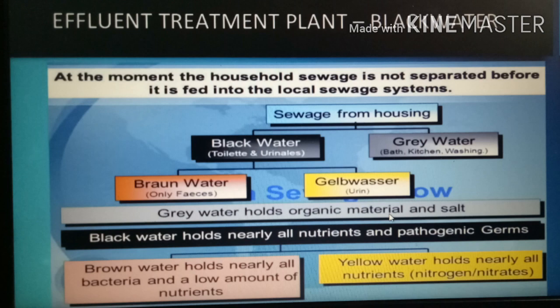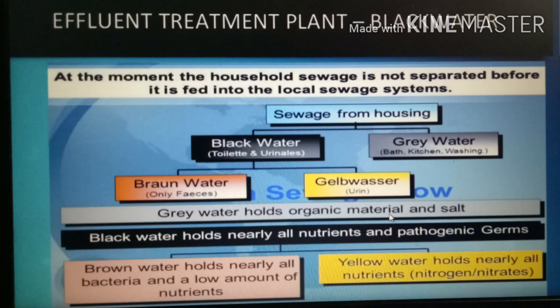At the moment household sewage is not separated before it is fed into the local sewage system. Sewage from housing consists of black water and grey water. Black water is from toilets and urinals, grey water is from baths and kitchen washing, and brown water is only feces, and yellow water is urine.